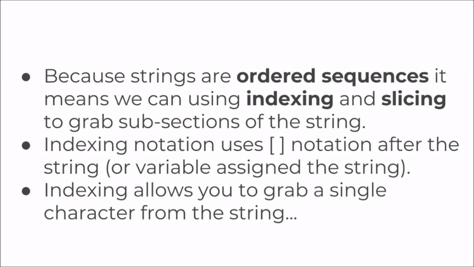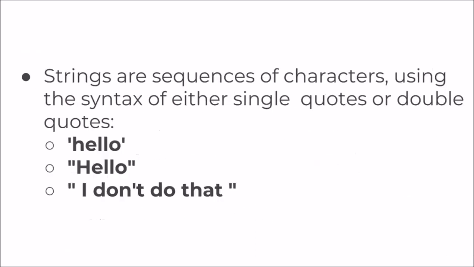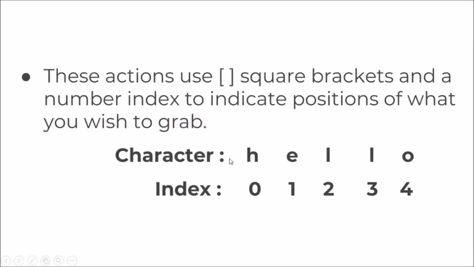As I said, indexing allows you to grab a single character from the string. In a row of 5 houses, I can pick up one house, right? As I said here, I have HELLO, 1, 2, 3, 4, 5, 5 letters. Instead of starting from 1, I start from 0.